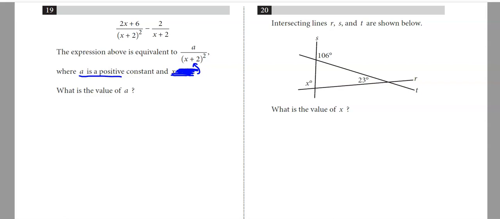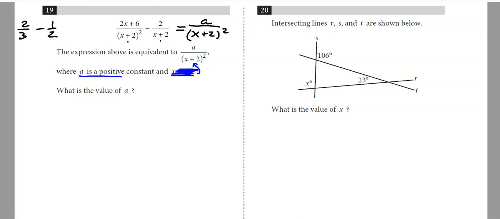Well, let's kind of write this thing out. It says that this expression up here is equal to a over x plus 2 squared. So we need to figure out what's going to be the numerator there. Normally if I want to subtract 2 fractions, I have to get a common denominator, right? So let's just pretend this was like 2/3 minus 1/2.